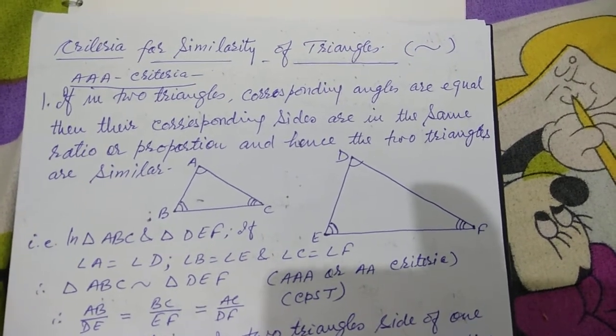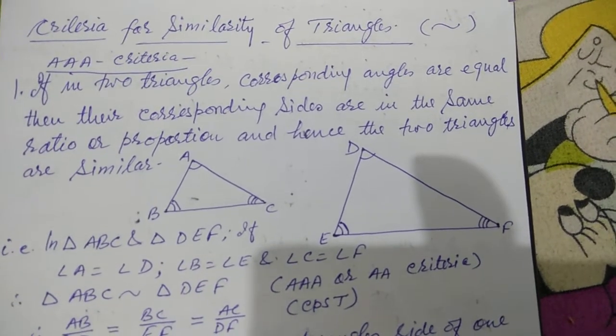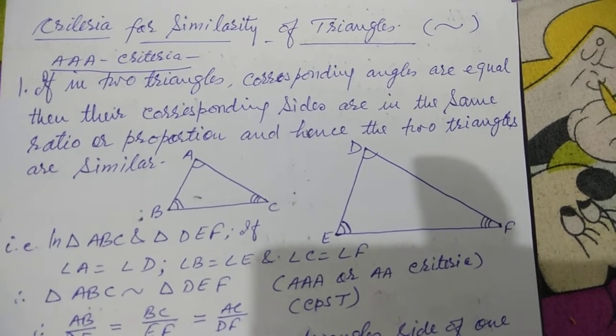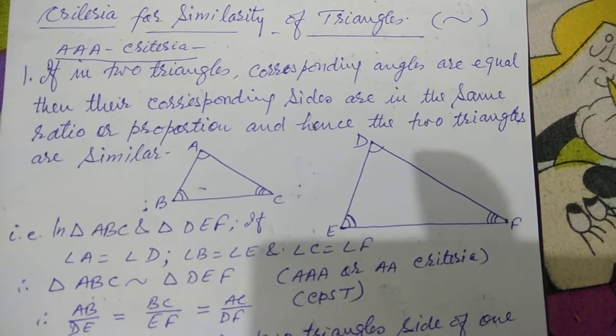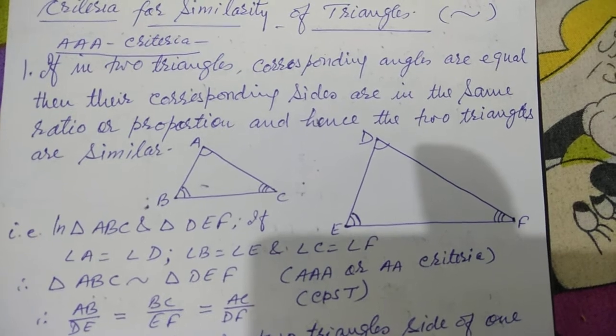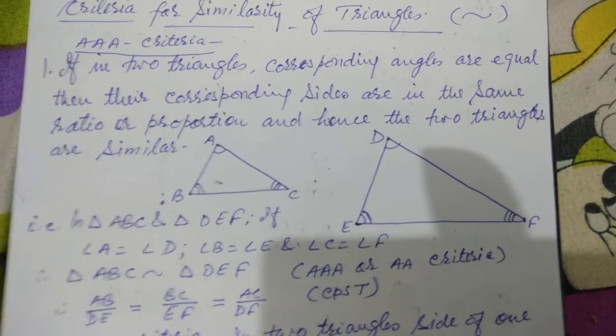The criteria is: if in two triangles the corresponding angles are equal, then their corresponding sides are in the same ratio or proportion, and hence the two triangles are said to be similar.